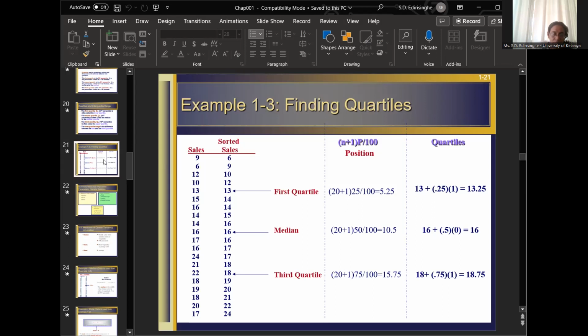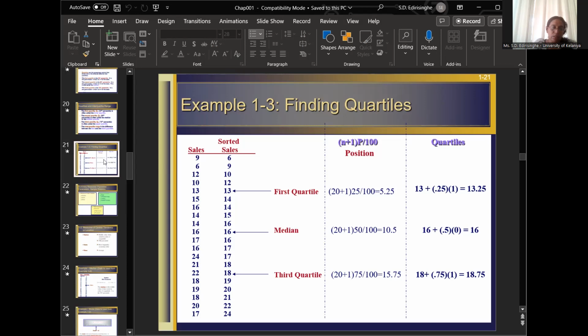In my second lecture I gave you a data set to practice these things: the actual sales and the sorted sales. Sorted sales means we started from the smallest value and arranged the values up to the maximum.